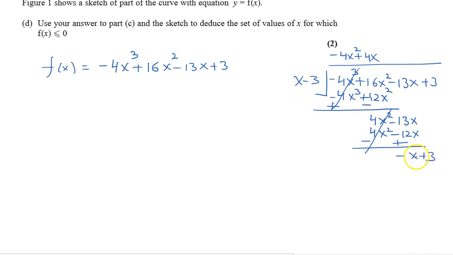This is x and we need negative x, so negative 1. So negative x plus 3. We change the sign. This is plus 3 minus 3. So this can be written as x minus 3 and minus 4x squared plus 4x minus 1.